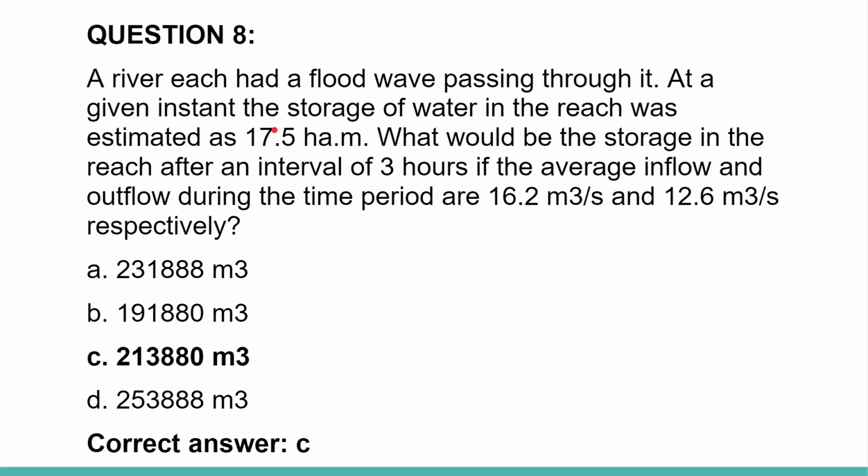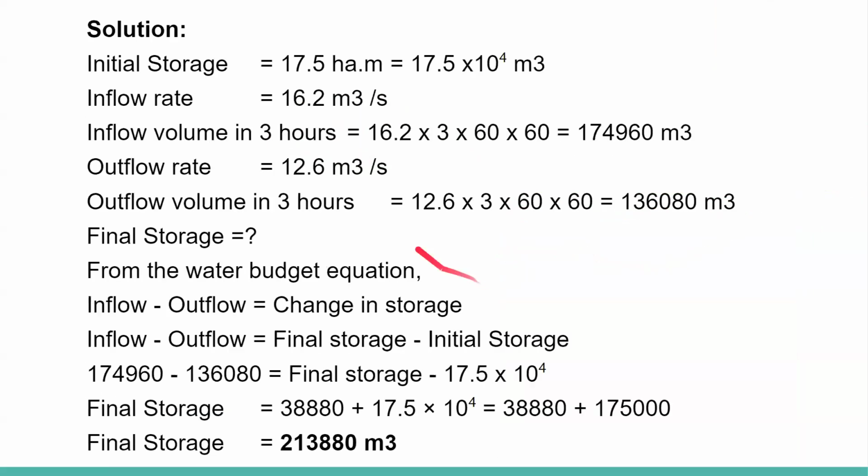What they have asked is the storage after 3 hours, and the other two given quantities are the inflow rate, not the volume, but the inflow rate, and the outflow rate in the 3 hour period. So we have the initial storage as 17.5 hectometer.